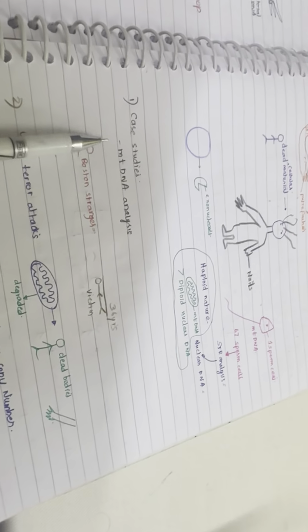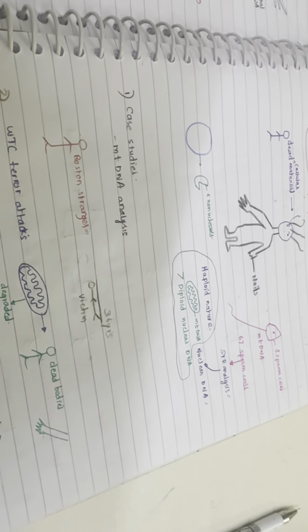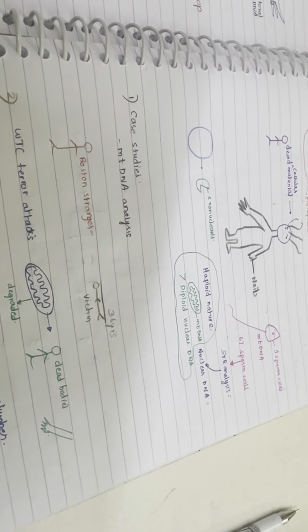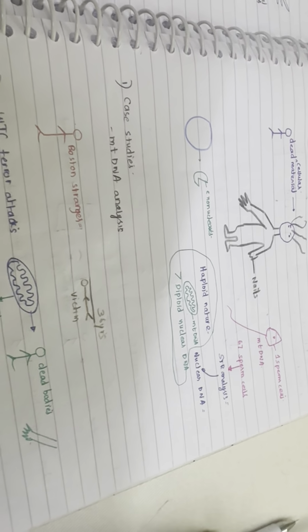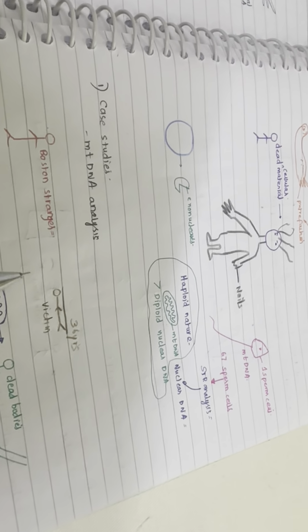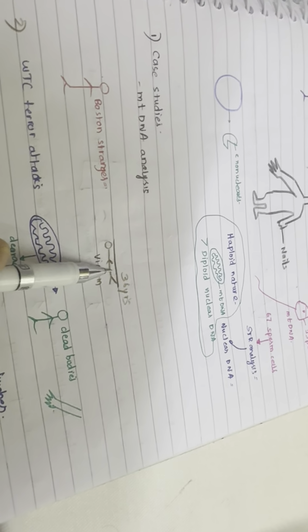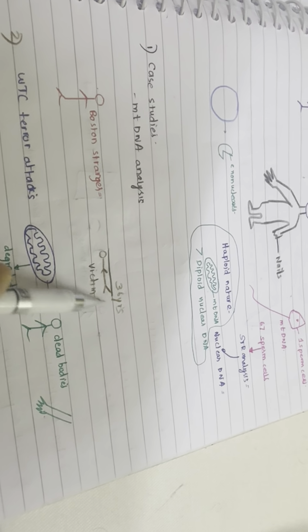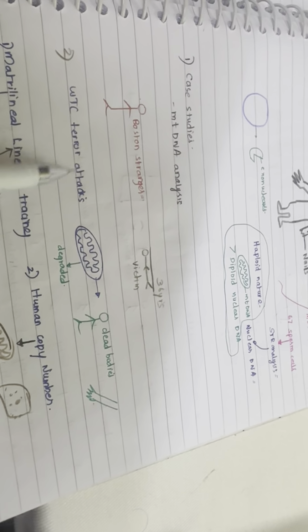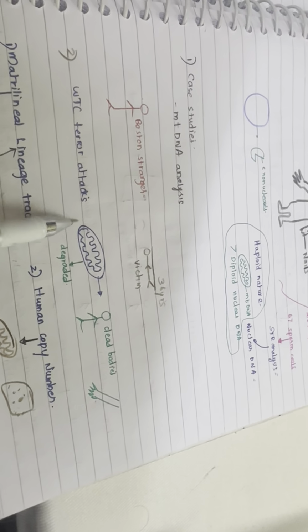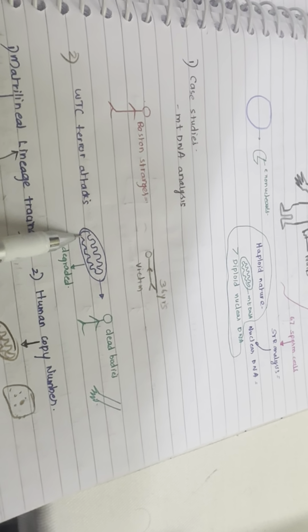Case study: mitochondrial DNA analysis. Boston Strangler, in 1962 to 1964: mitochondrial analysis of his supposed victim, who had been buried 36 years ago, proved that he did not kill her. And next is the WTC terror attacks, where mitochondrial DNA was used to identify dead bodies and body parts.